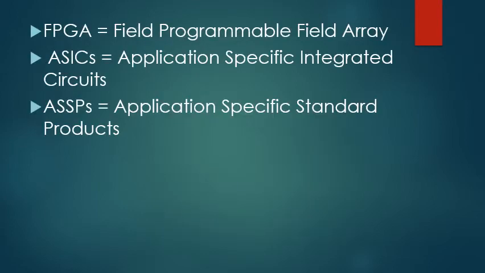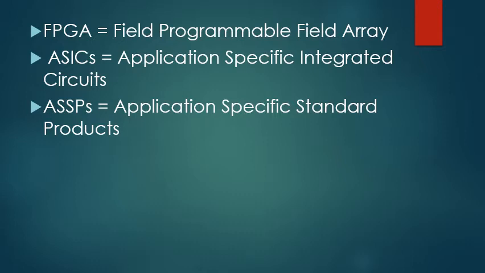FPGA stands in contrast to ASICs, which are application-specific integrated circuits, and ASSPs, application-specific standard products. ASICs, as their name implies, have a specific customized particular use. This means that they are designed with a particular functionality in mind.